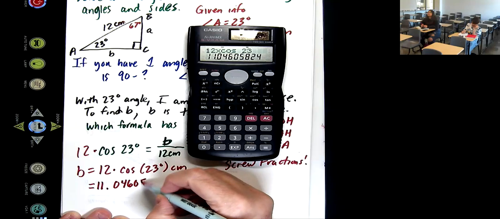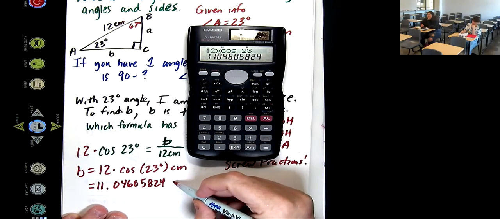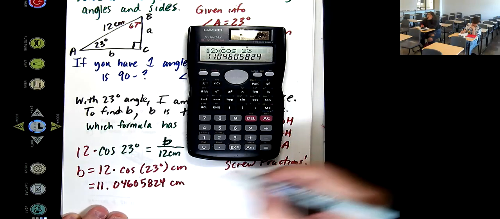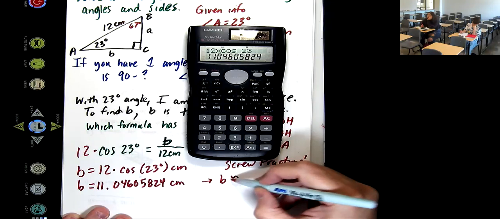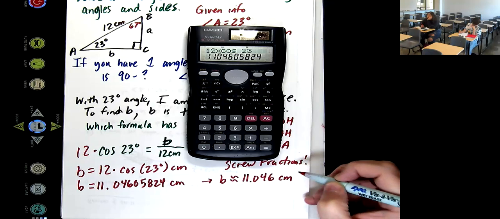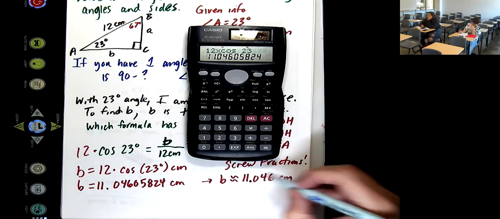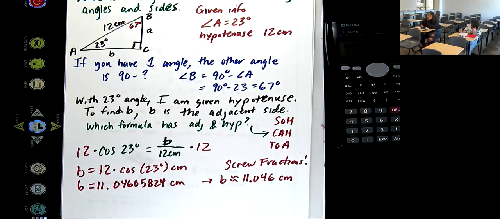I'm going to write them all down. Centimeters. If I wanted to round this, I would say B is about 11.046 centimeters. So that gives me B.